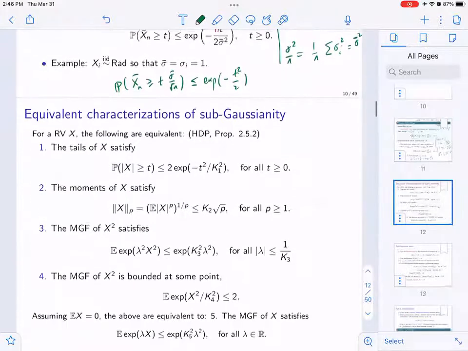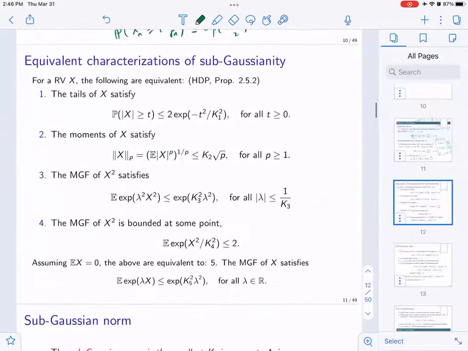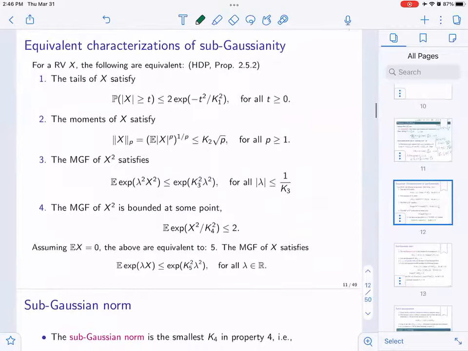Okay, so now here's a bit of a technical slide. This is from the high dimensional probability book by Roman Vershynin. This is HDP, my abbreviation for that book, proposition 2.5.2. You can go check, and he shows the equivalent characterizations of subgaussianity.